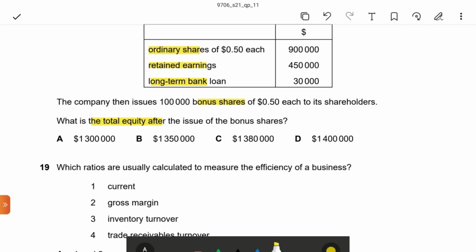So let's see. The ordinary share is here 900,000.